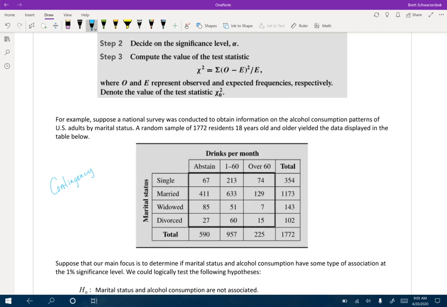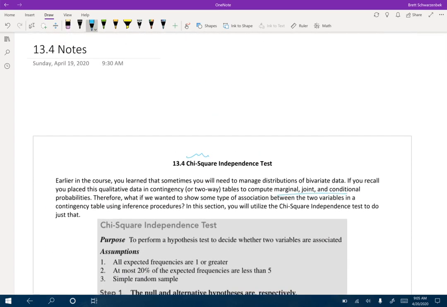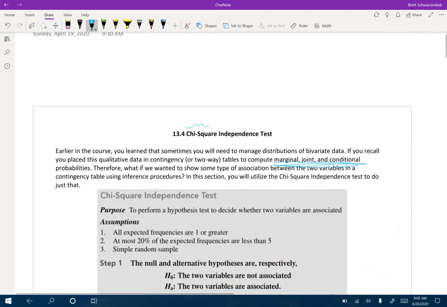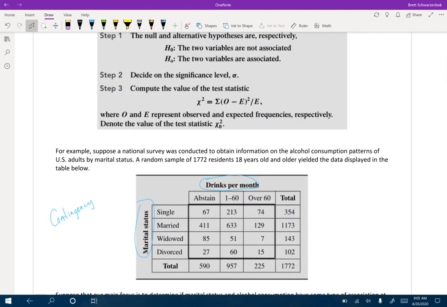So in this example, we have marital status and alcoholic drinks per month as our two variables, but basically the idea is that we would use, if you recall, marginal, joint, and conditional probabilities to find relationships between these variables. Probabilities of one's like widowed, given they abstain from drinking, those types of probabilities. So remember, this was the table total, and these were the marginals and all that good stuff.